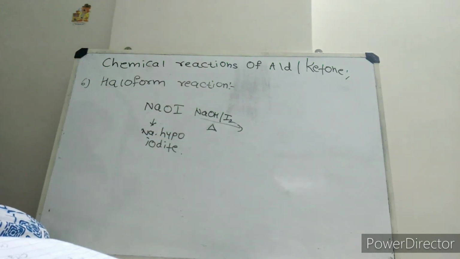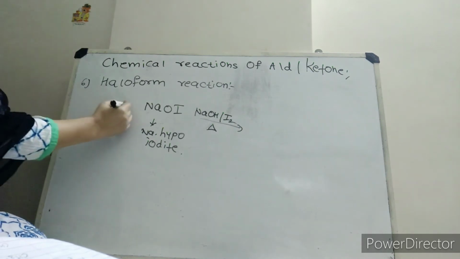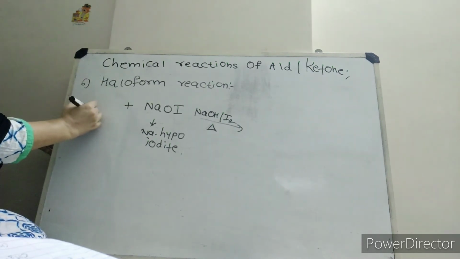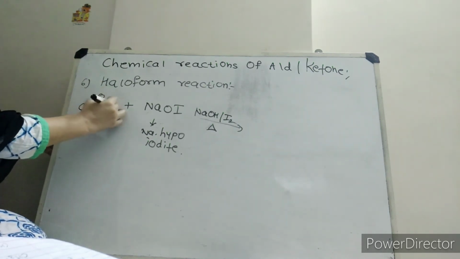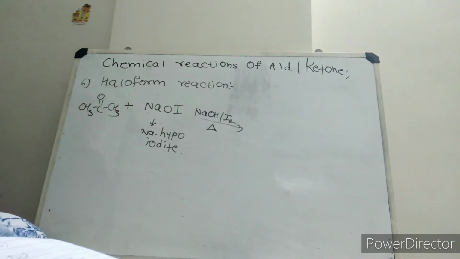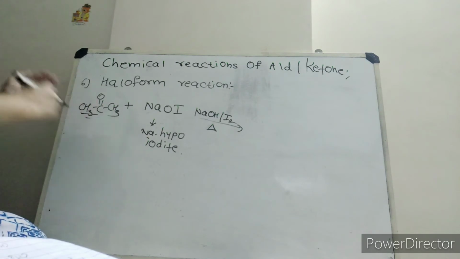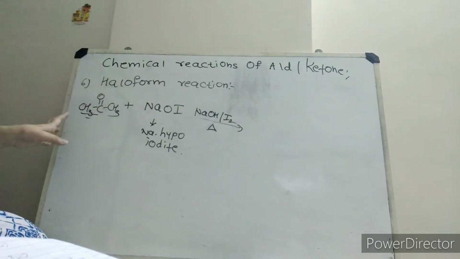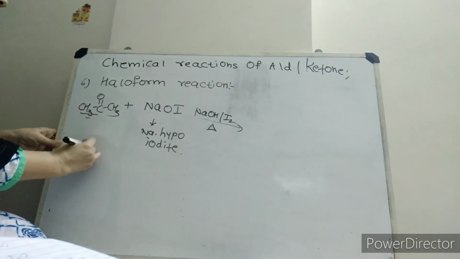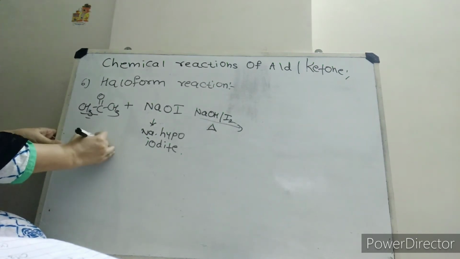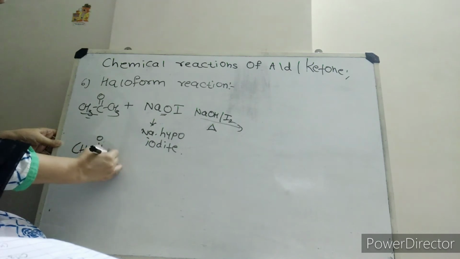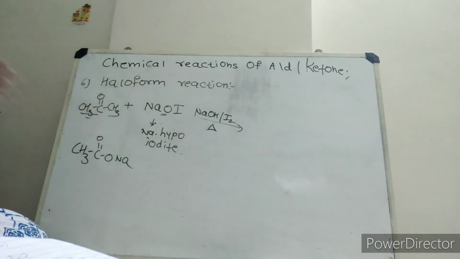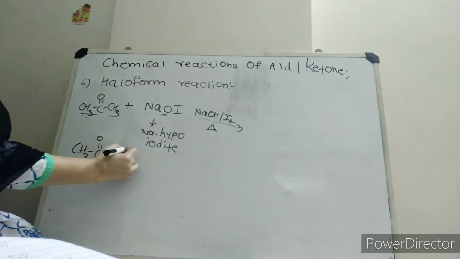This sodium hypoiodide then reacts with, suppose I write acetone, CH3COCH3. Then it changes to the sodium salt of the carboxylate ion. So that gives CH3COONa.